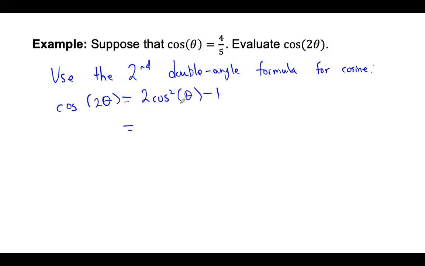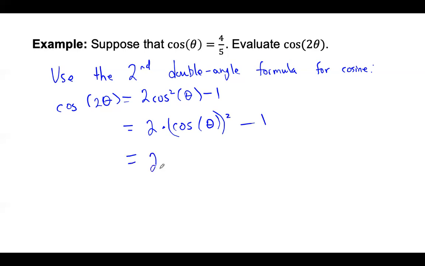And now we know what this is, so we can just plug it in. So this would be 2 times cos theta, and you can put brackets around it, all squared. They mean the same thing. We're squaring cos, minus 1.